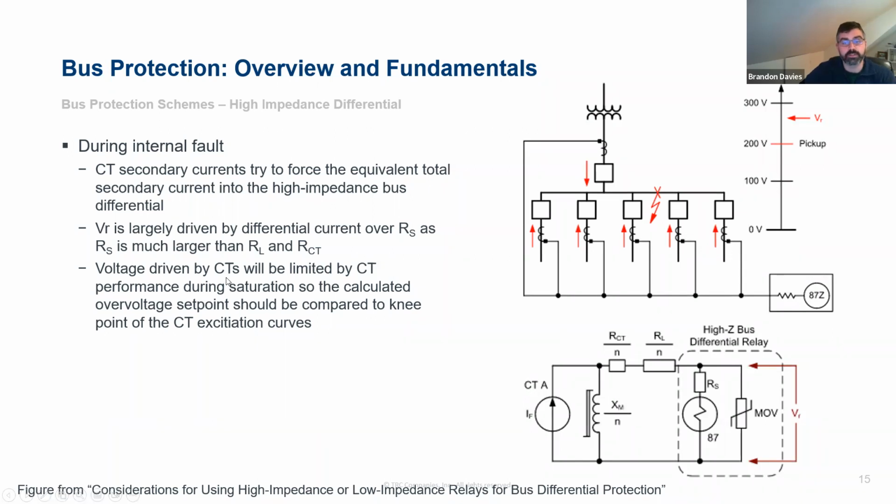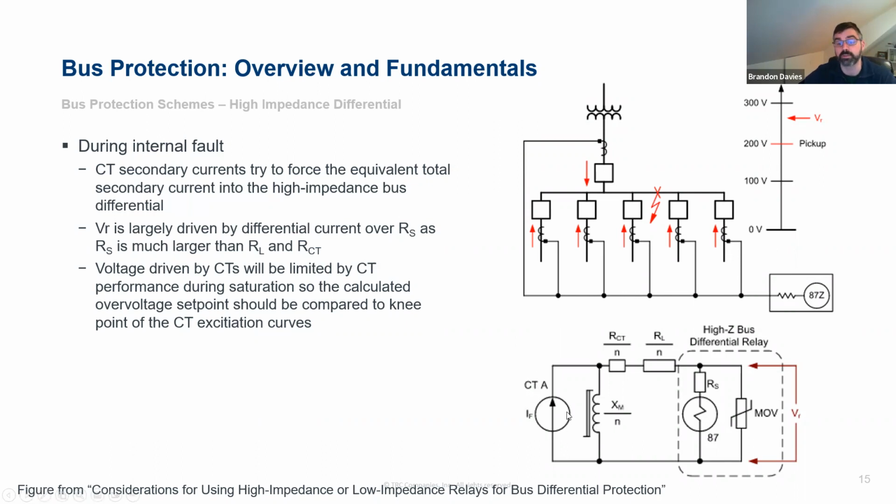The voltage driven by the CT, because you have a high burden, this high impedance across your CT, is going to be very much limited by the CT performance and saturation performance: how much voltage and current can these CTs really drive into such a large burden. So the CTs in this case are pretty much guaranteed to saturate, and saturate fairly fully, because of the very, very large burden we've connected to them.